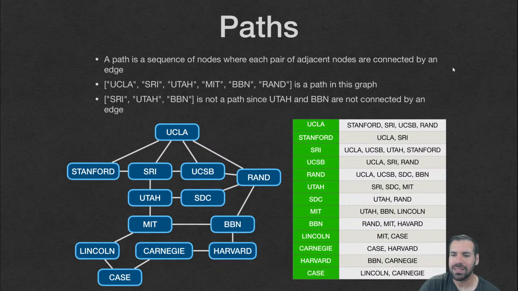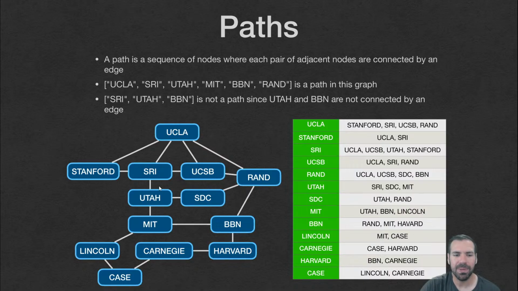So let's get a definition out there. A path in a graph is a sequence of nodes where each consecutive pair of nodes is connected by an edge. So this UCLA to SRI to Utah to MIT to BBN to RAND, all of those moves were following an edge, meaning that is a path in the graph.